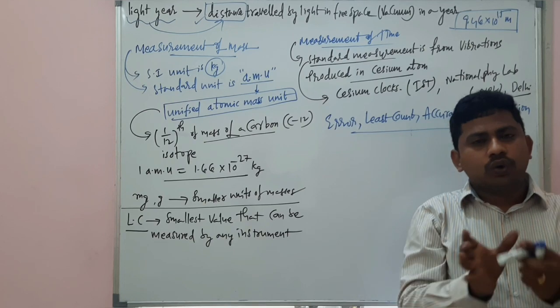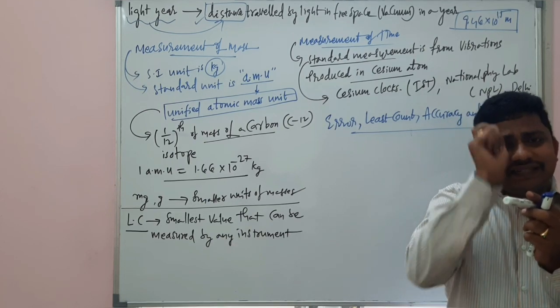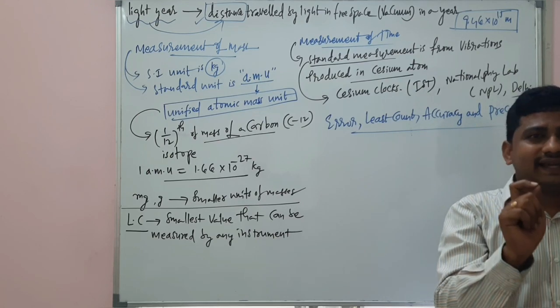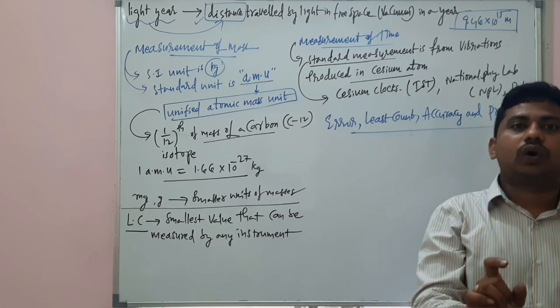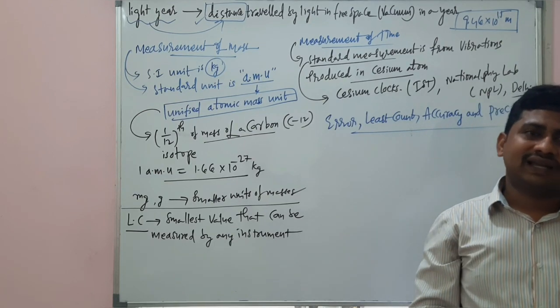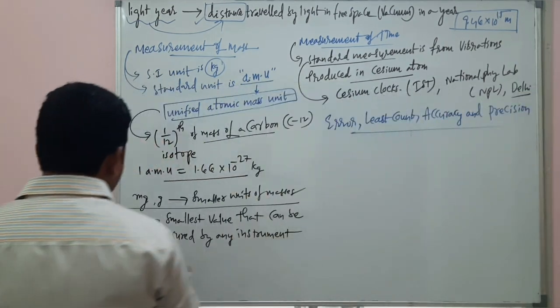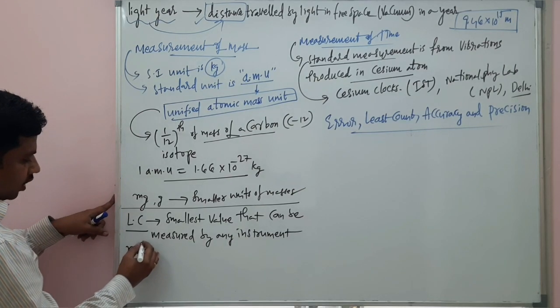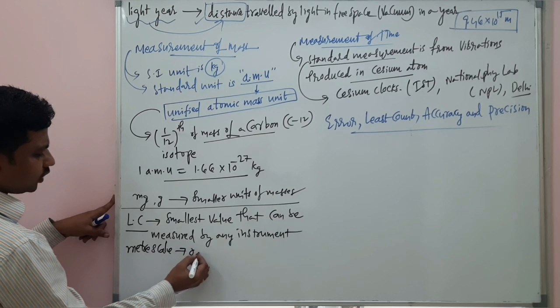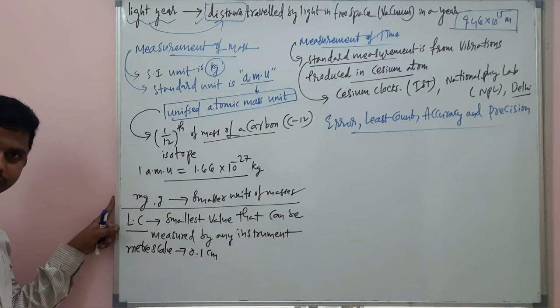Clear? So each division represents 0.1 centimeters on your meter scale, isn't it? So the smallest value that can be measured by the meter scale is 0.1 centimeters. In the case of a meter scale, its least count is 0.1 centimeters.